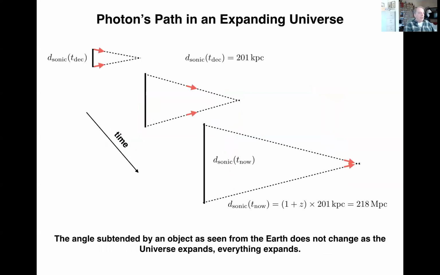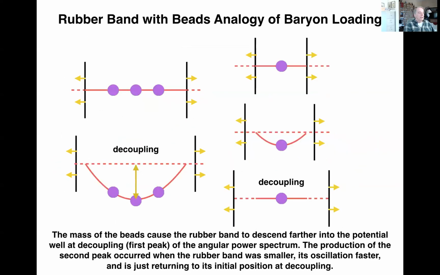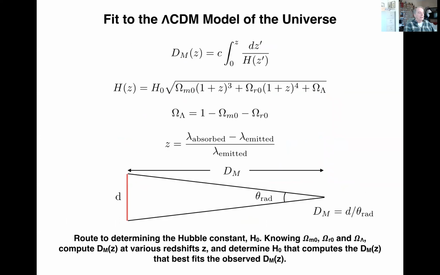And we can compute what the angular diameter should be at any given redshift if our model is correct and if the Hubble constant is what we think it is.